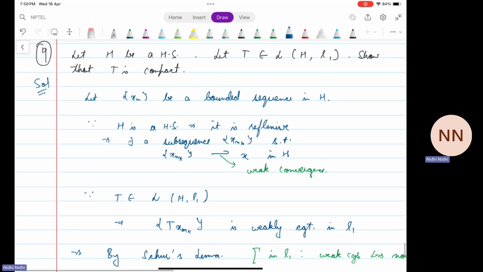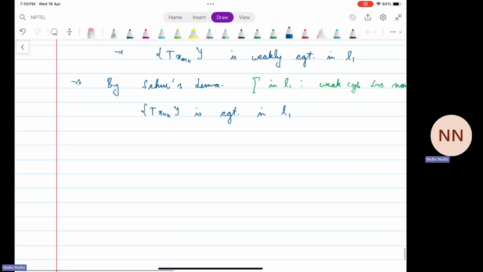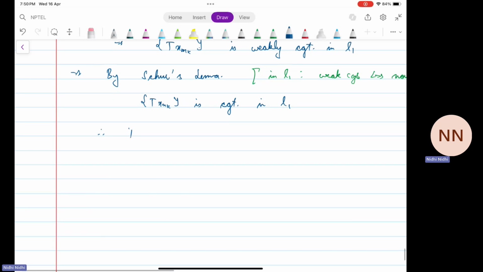Hence, by the definition, T is a compact operator. Therefore, T is compact.